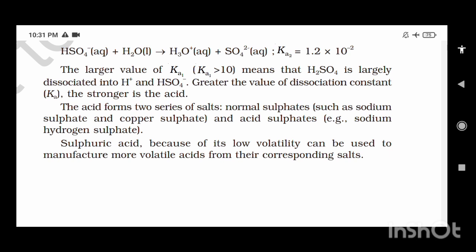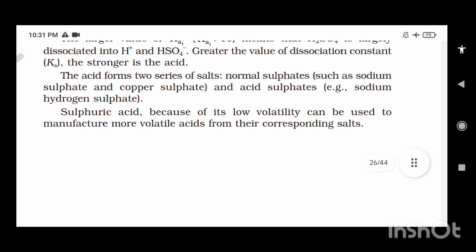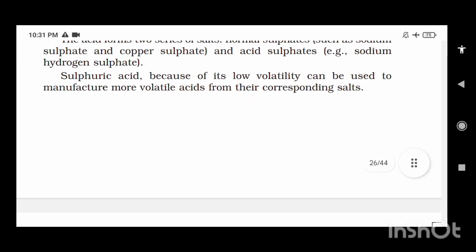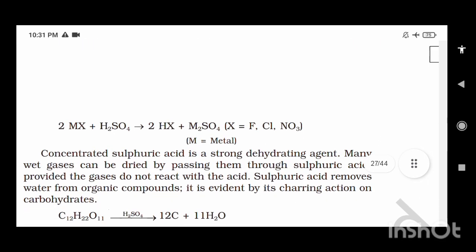The greater the value of the dissociation constant, the stronger is the acid. The acid forms two series of salts, normal sulfates such as sodium sulfate and copper sulfate, and acid sulfates. Sulfuric acid, because of its low volatility, can be used to manufacture more volatile acids from their corresponding salts.